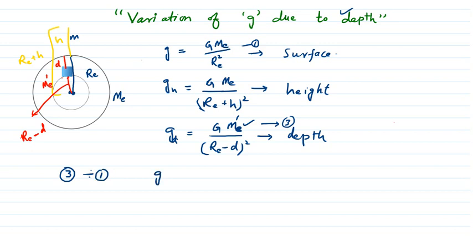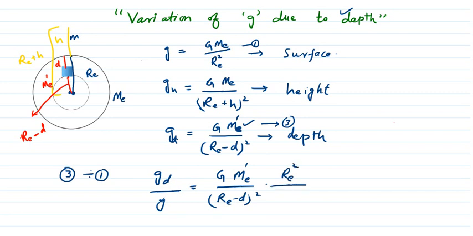So this will be g d divided by small g, which is capital G Me prime divided by Re minus d whole square, and this g will be Re square divided by G Me.